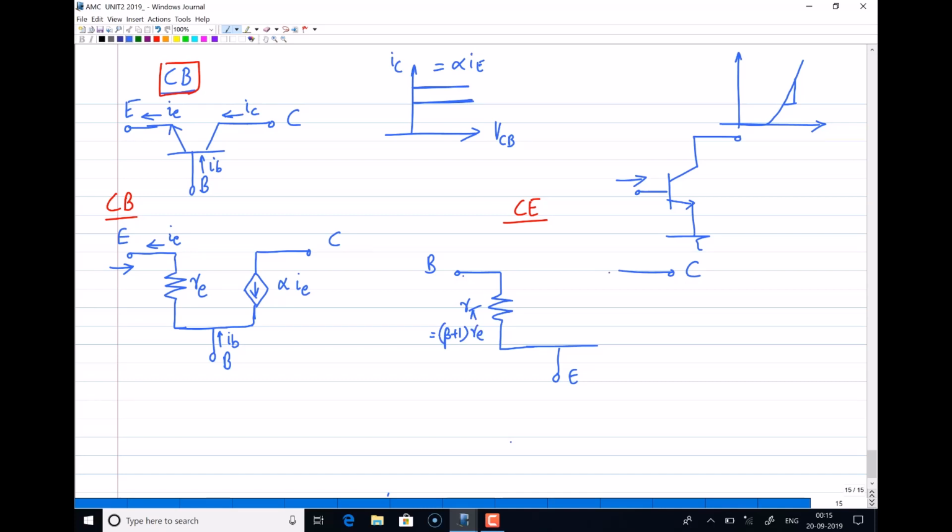Here again, if you look at the common emitter characteristics, this is VCE versus IC. You can see that again the collector current is equal to beta times input current IB, but you can see a slope. The slope is accounted for by the phenomenon called base width modulation that we'll discuss shortly.